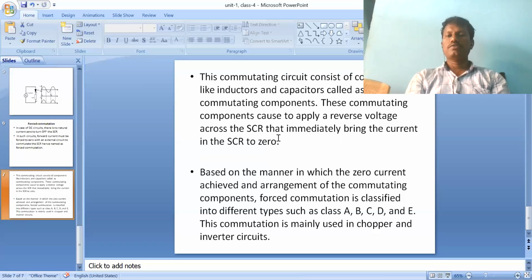So what are the applications of forced commutation, where do we have to use it? That is choppers. A chopper is one type of power electronic converter, and it converts fixed DC to variable DC.